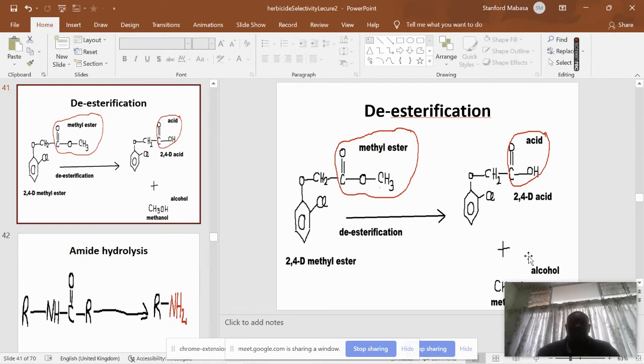We said that if you have a methyl ester, it can cross the cuticle very fast. Once it is inside the plant, it has to be de-esterified to produce an acid so that you can kill the weed. Again, the speed of de-esterification to produce the acid may cause selectivity.